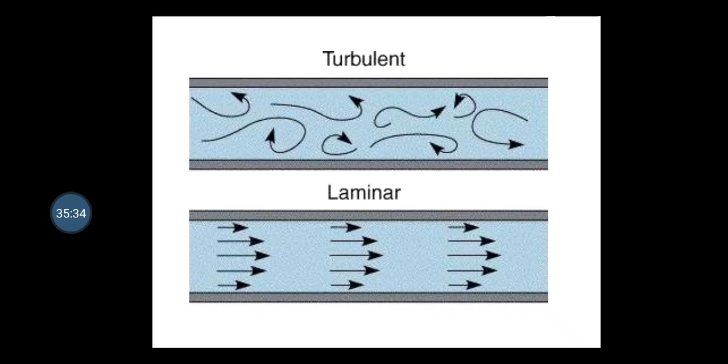So the threads of colored water disappear and the entire mass of water gets uniformly colored, and it indicates the complete mixing of the solution. Then the flow of water is considered to be turbulent.